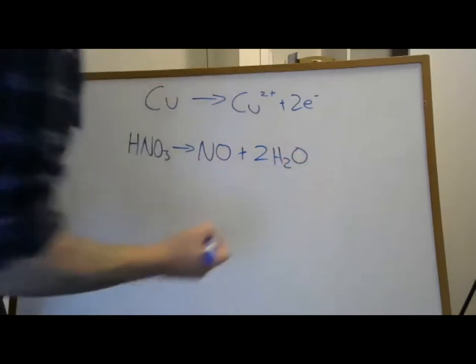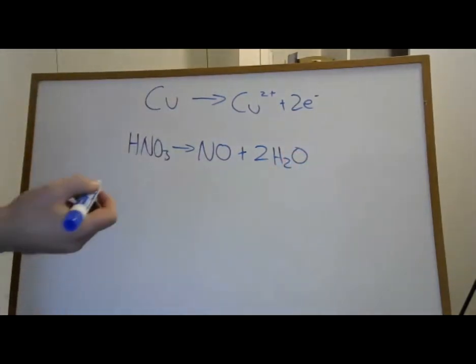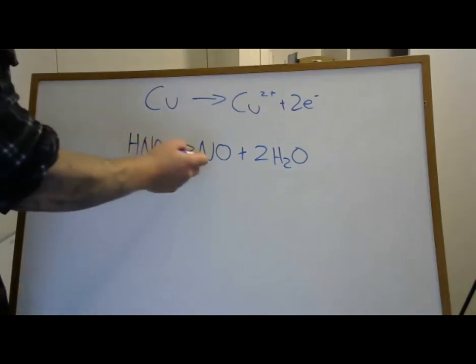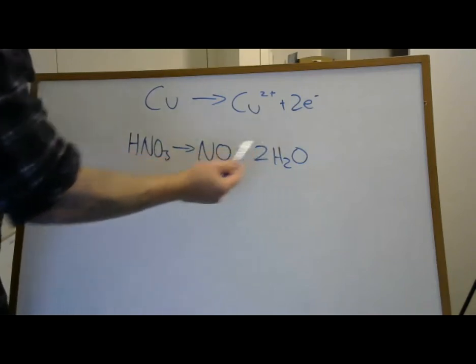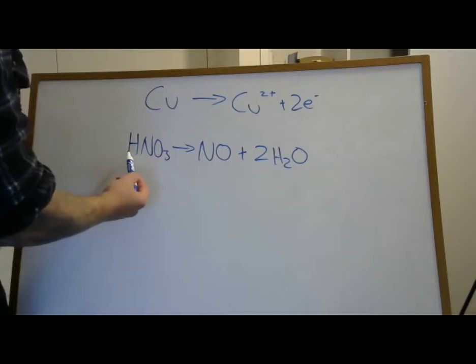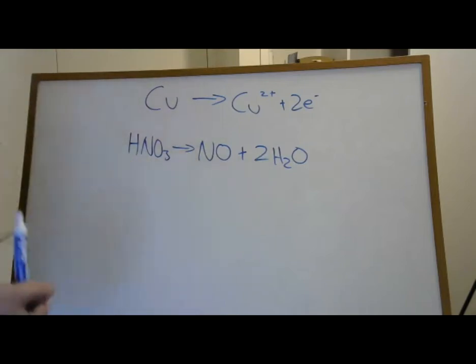So now the oxygen balances, the nitrogen balances, but the hydrogen doesn't. So we have 1 nitrogen, 3 oxygen, but there's only 1 hydrogen here and 4 over there.